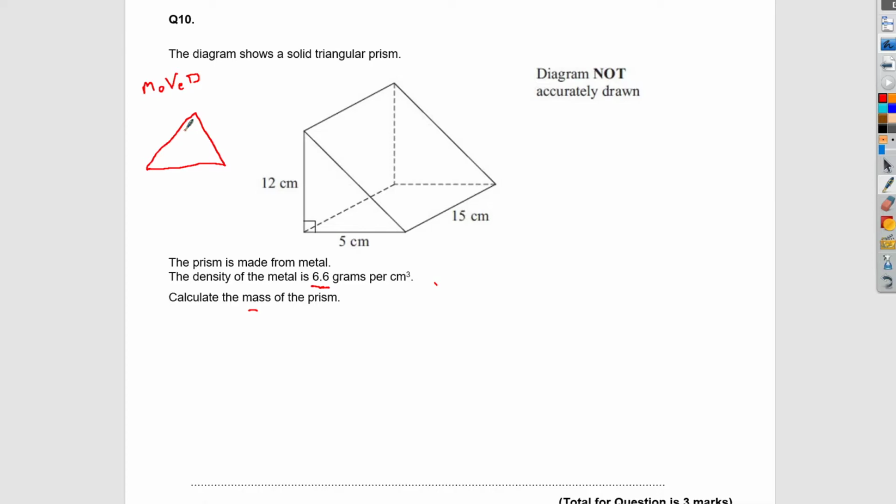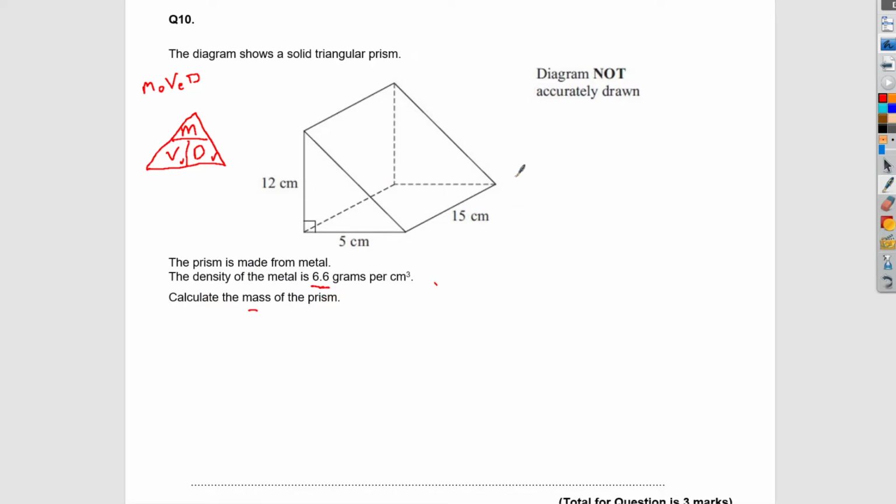It goes in that order: M, V, and D. Mass, volume, density. In this question, we've been given the density. So I've got D. I can work out the volume, and then from there calculate the mass.